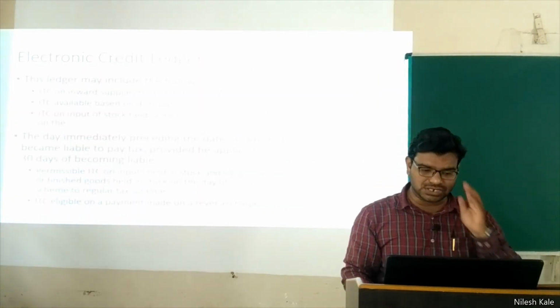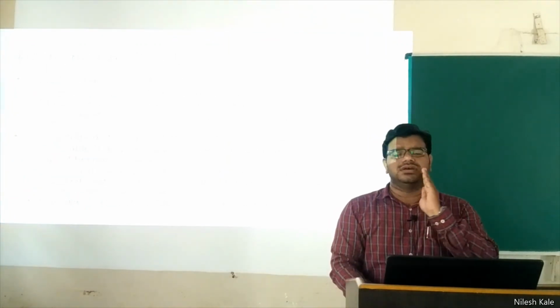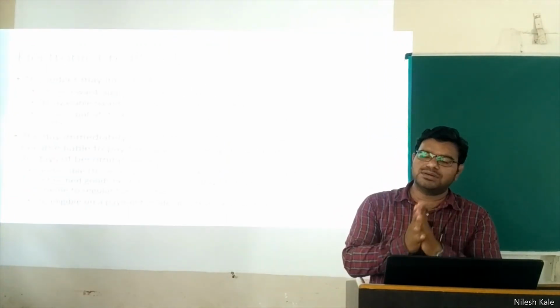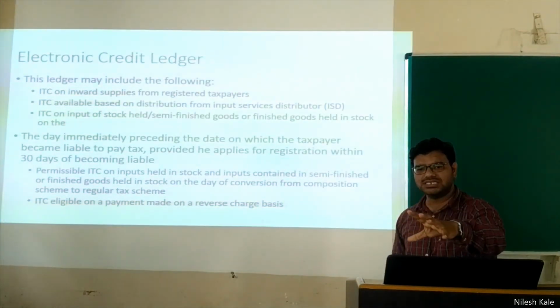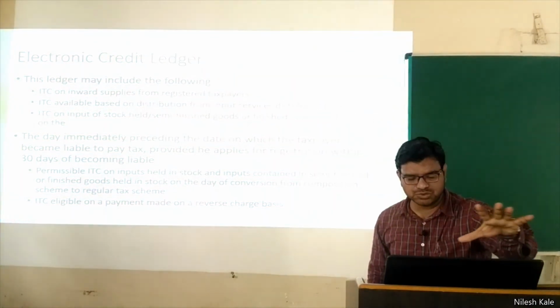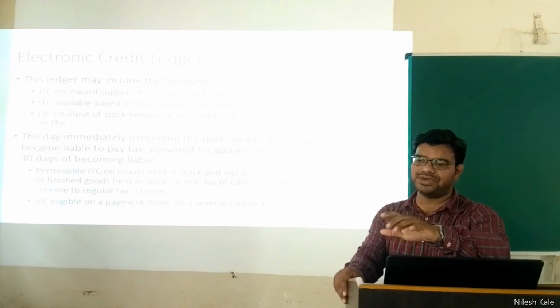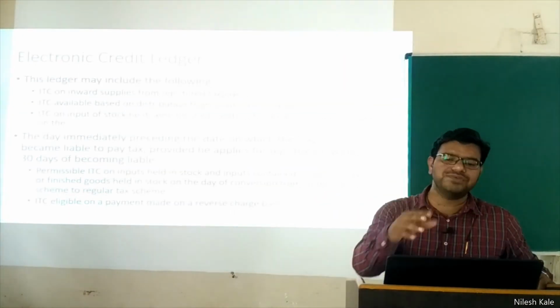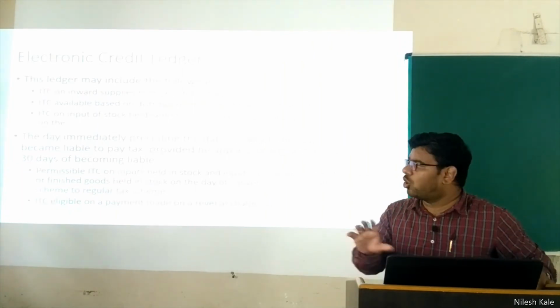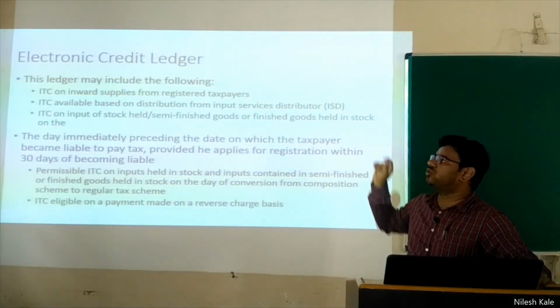Electronic liability ledger. And now electronic credit ledger. Electronic credit ledger is all about your ITC, input tax credit. You have input tax credit of CGST, you have input tax credit of SGST, you have input tax credit of IGST or UTGST, whatever it is, right? All will be reflected in your electronic credit ledger.